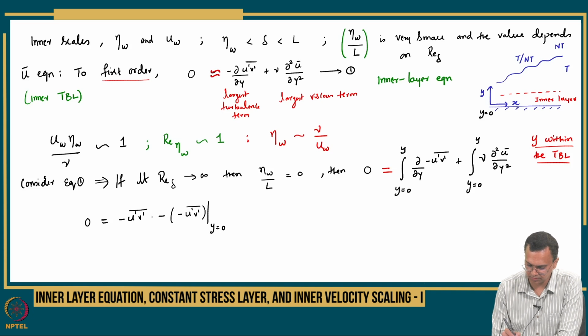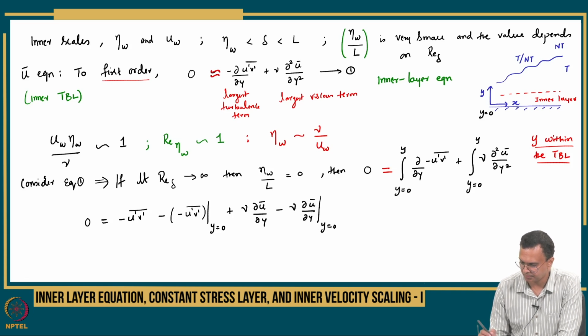This is a function of y, the first term, the second one evaluated at 0, and then I have plus this particular term which is nu dou u bar by dou y at some distance y from the wall, minus nu dou u bar by dou y at y equal to 0.